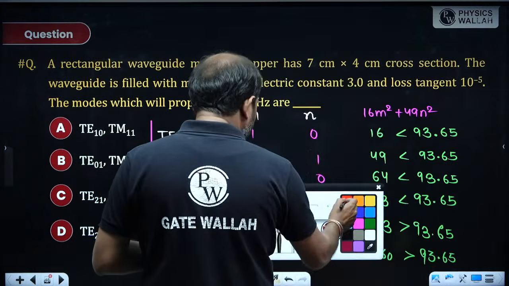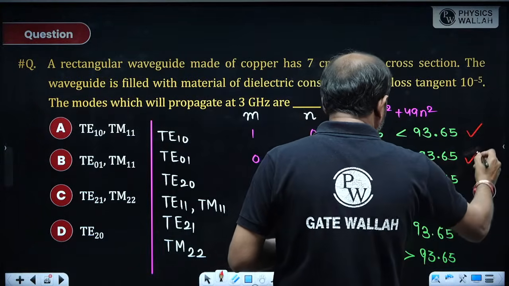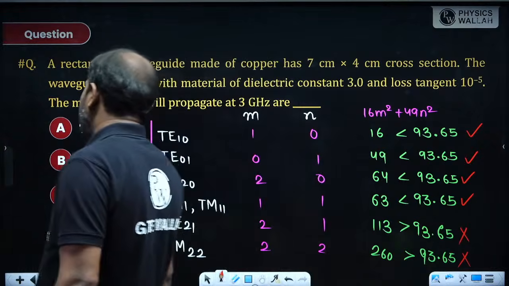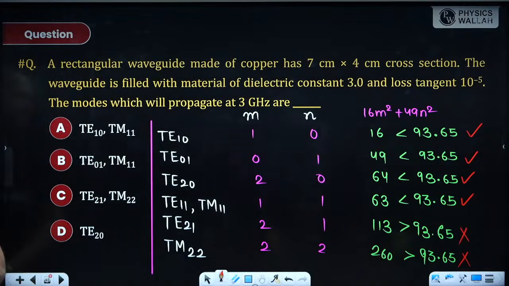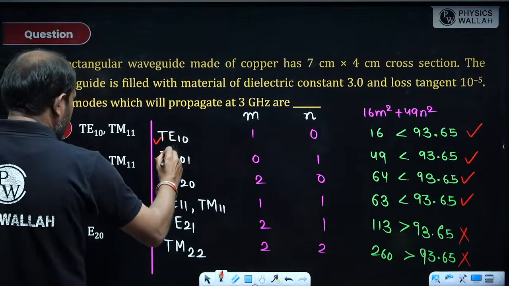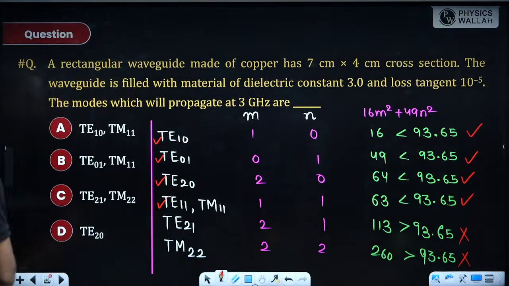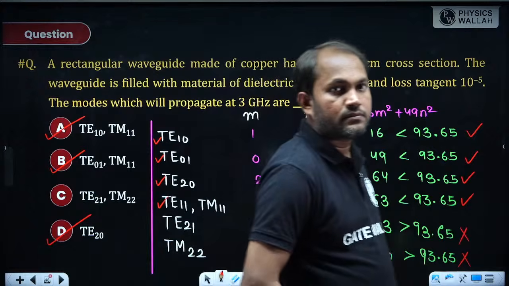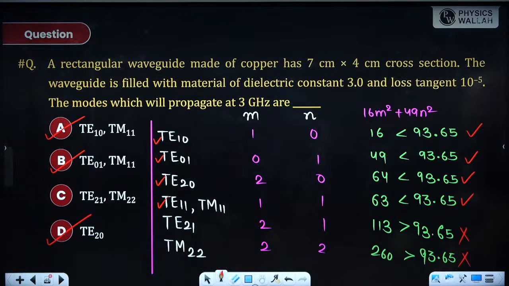So which one is possible? Less than is possible, greater than is not possible. So T10 is possible, 1011 is possible, 0111 is possible, and 20 is possible. So this is the answer.